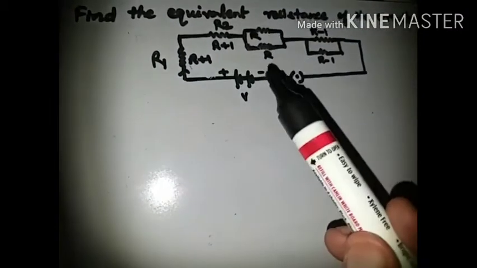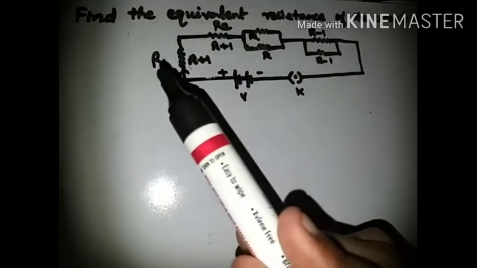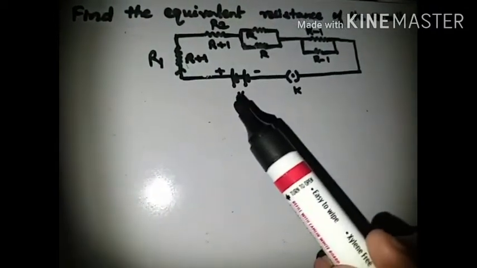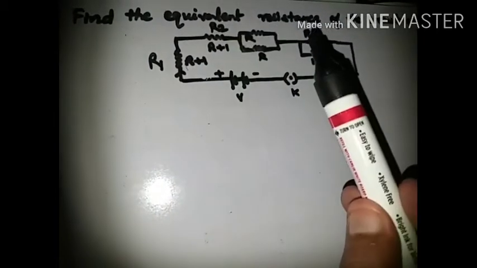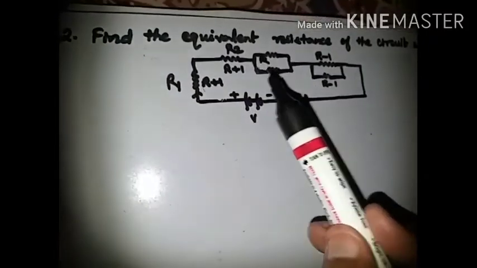We are having resistors R and R in one branch, R minus 1 and R minus 1 in one branch, and then two resistors R plus 1 and R plus 1 connected to a voltage source V through a key K. We have to find out simply the equivalent resistance in this case.